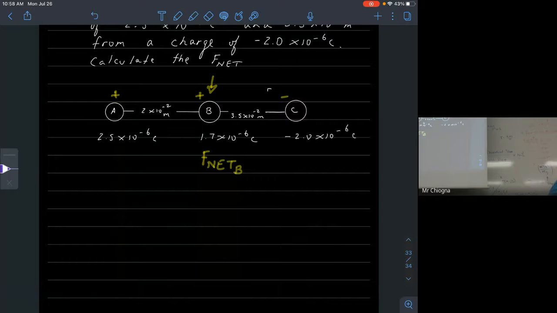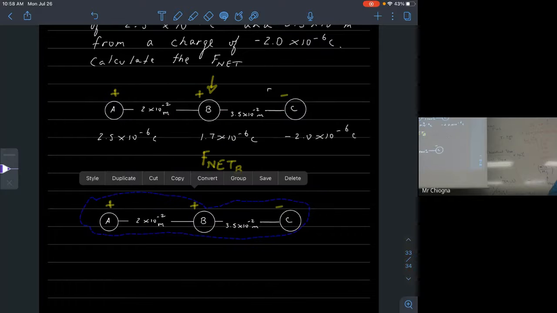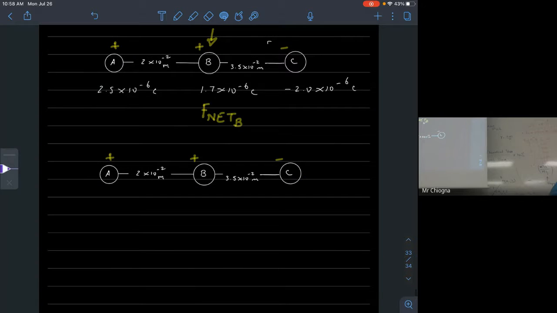Let's redraw this. I'm going to just copy it. Okay, I'm going to erase. You're going to have to redraw it, but I just want to show the forces.